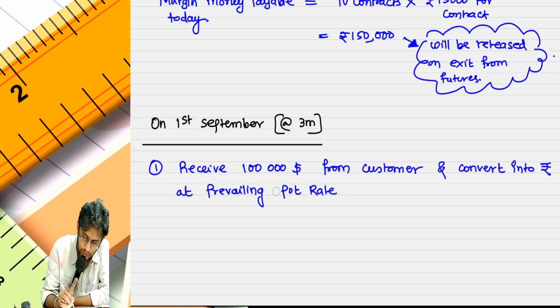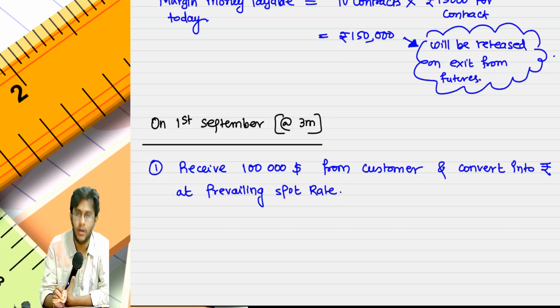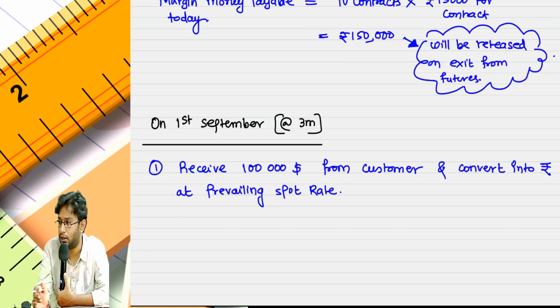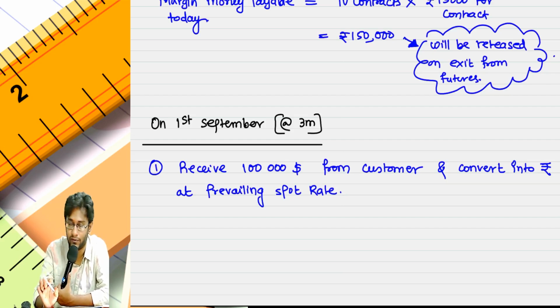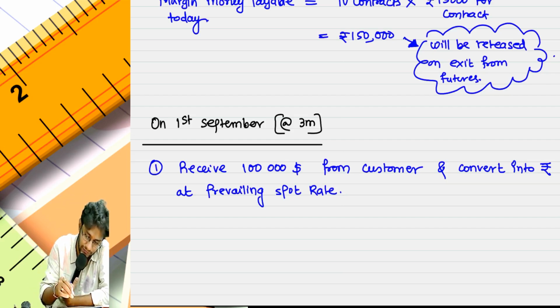Did the question give you spot rate on 1st September? So using that rate I can convert it. Okay, don't convert, just write the point. I'll tell you why you should not convert immediately.